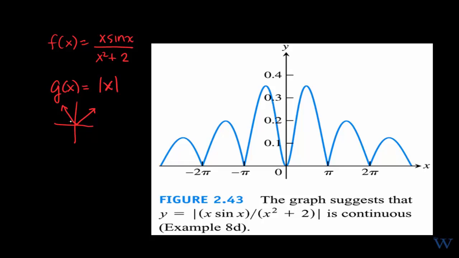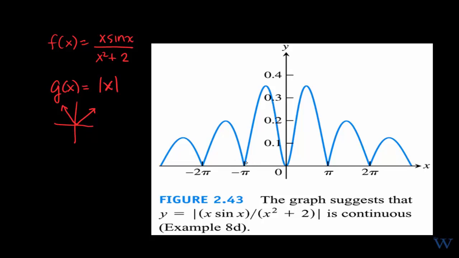Okay? And if we compose these two, then we get this nice wavy function that is always positive because of its absolute value. It's non-negative. Of course, it's going to have that 0 there at every multiple of pi, because the sine of pi is 0, sine of 2 pi is 0, etc., etc.